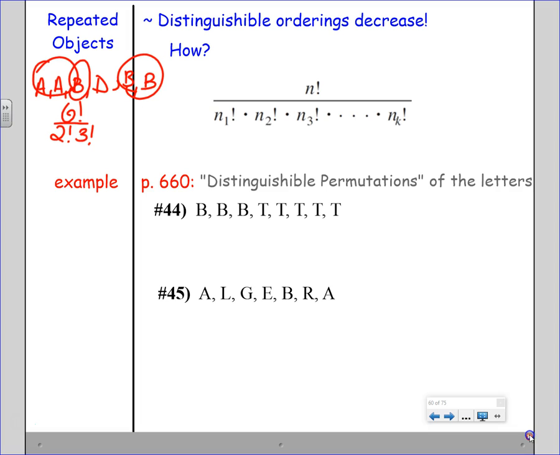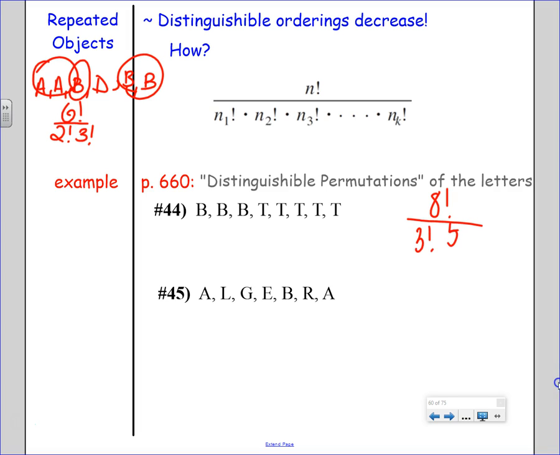How many different possible arrangements, orderings, permutations of this? It is 8 factorial, because that's just the number of different ways of moving the letters. But out of those 8 factorial, I have to take away 3 factorial and 5 factorial. Now come on, mental mathers.